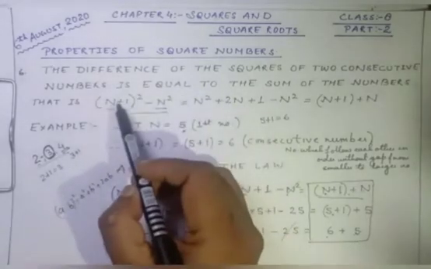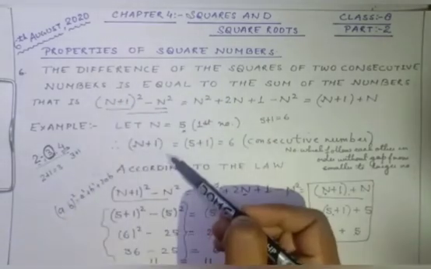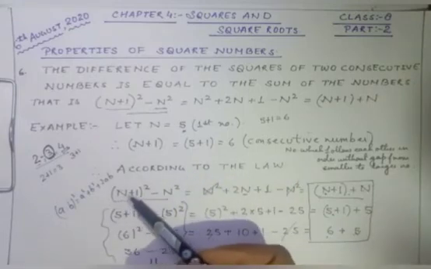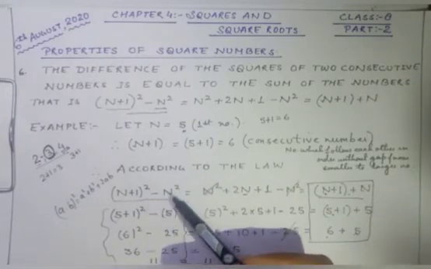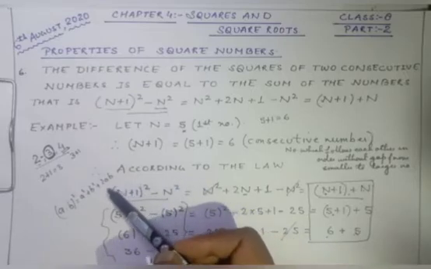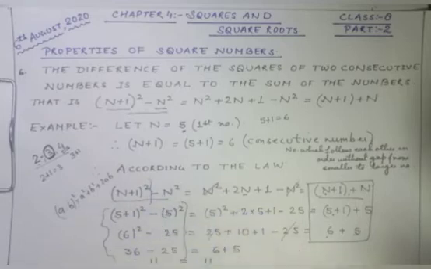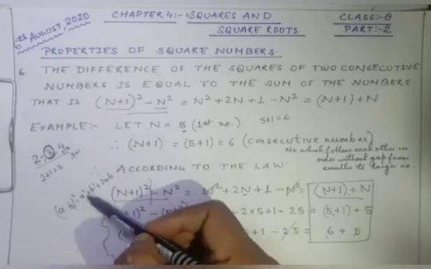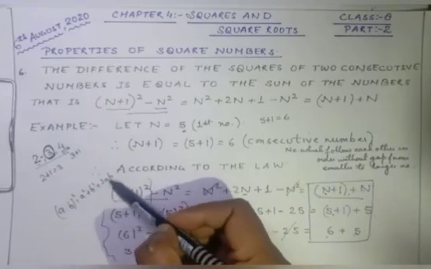Now I am going to apply this formula according to the property. (n plus 1) to the whole power 2 minus n square is equal to... now I am going to break this part. As you all know the formula, (a plus b) to the whole power 2 is equal to a square plus b square plus 2ab.